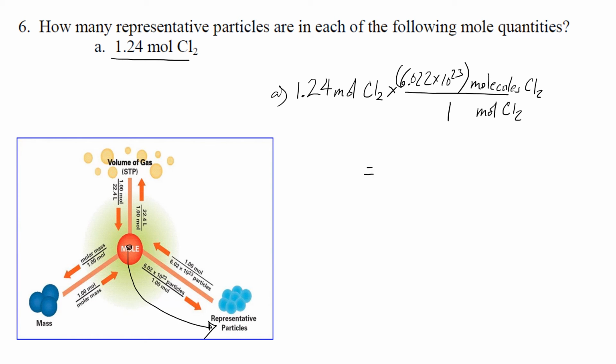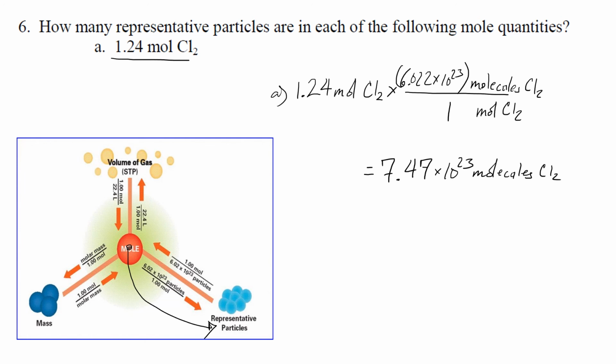If you multiply across and punch that into the calculator, you should get 7.47 times 10 to the 23rd molecules of chlorine gas.